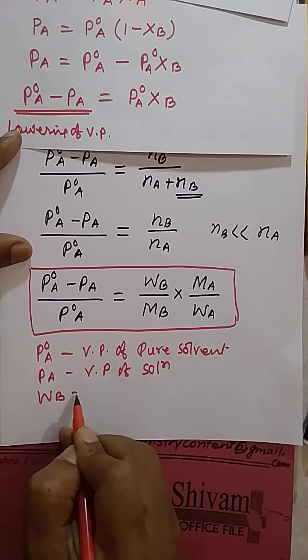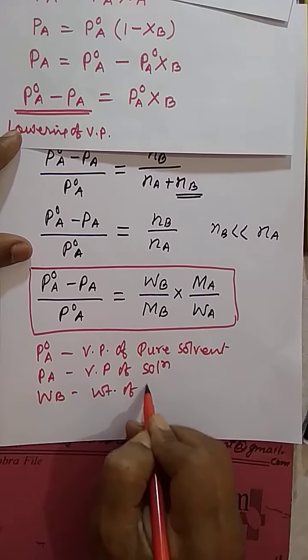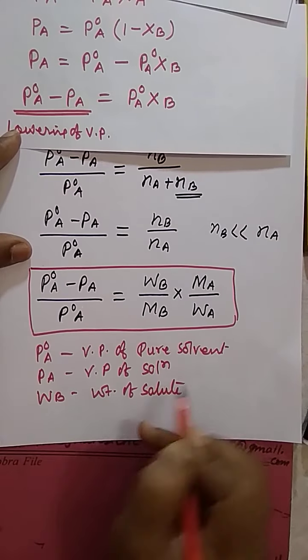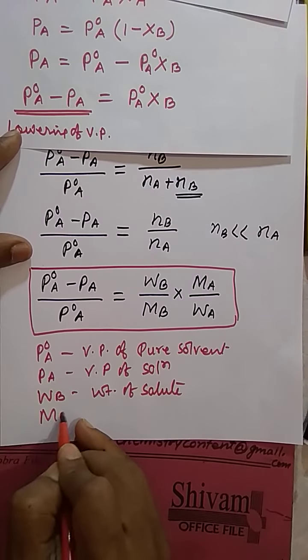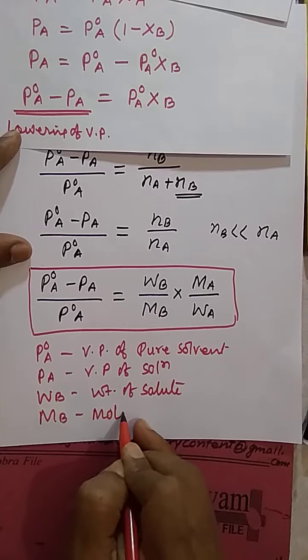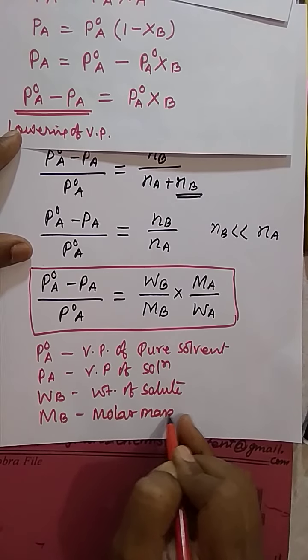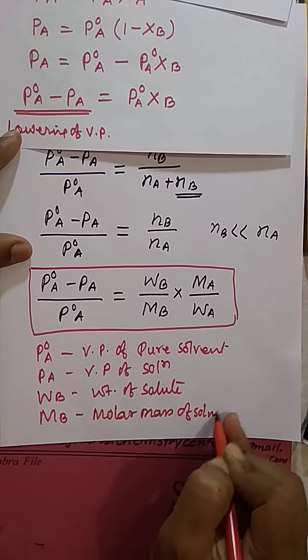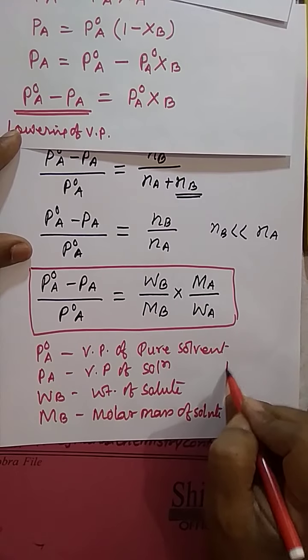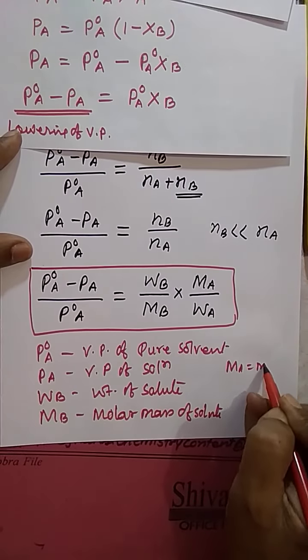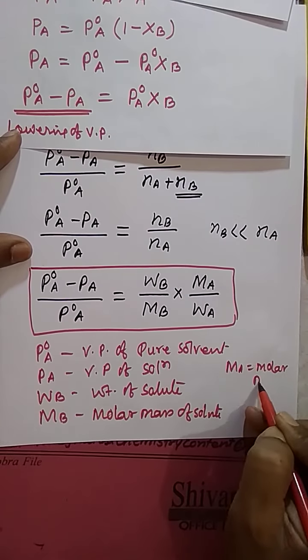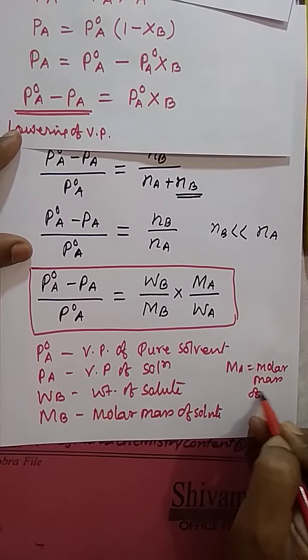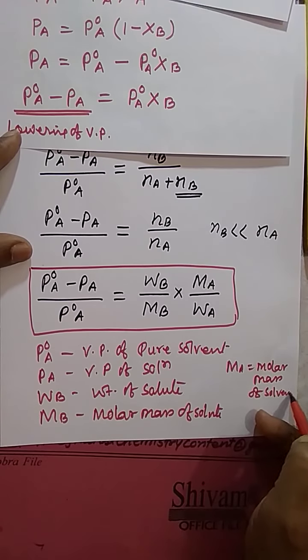WB, weight of solute. MB, molar mass of solute. And similarly MA, molar mass of solvent.